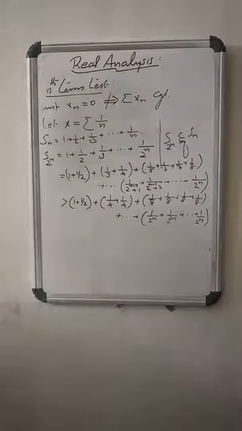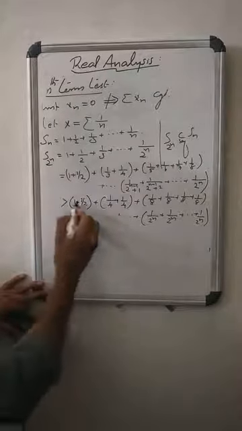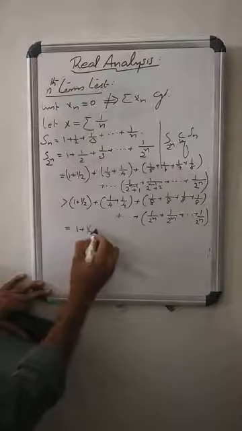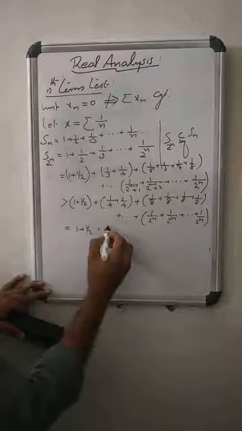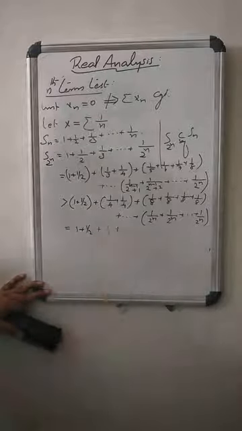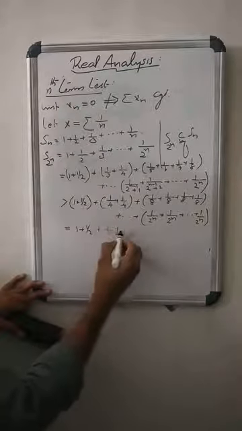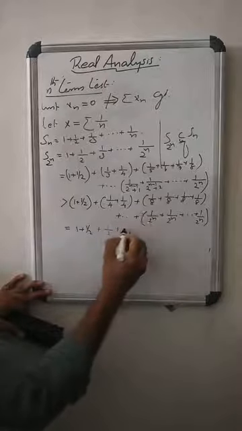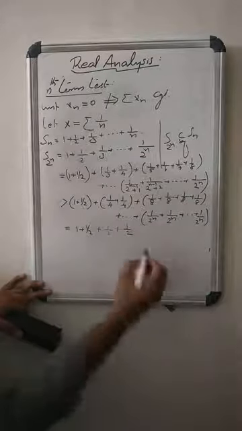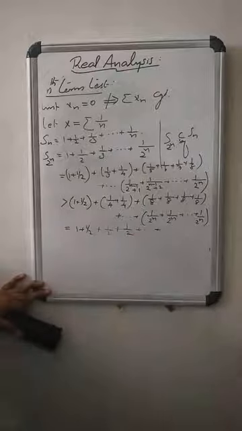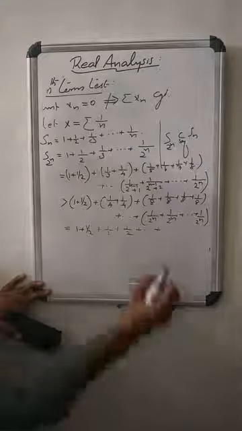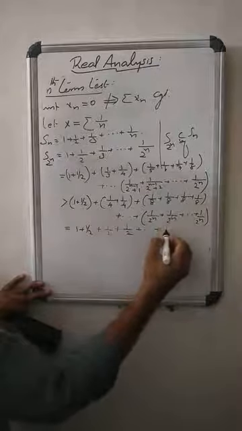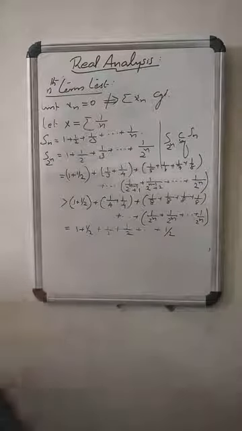Okay. That equals 1 plus 1 by 2 plus 1 by 4 plus 1 by 4. Again 2 into 1 by 4 means 1 by 2, plus 1 by 8 plus 1 by 8 plus etc. That's again 4 into 1 by 8, which means again 1 by 2, plus etc. plus 2 power n minus 1 terms of 1 by 2^n, so it is also 1 by 2.